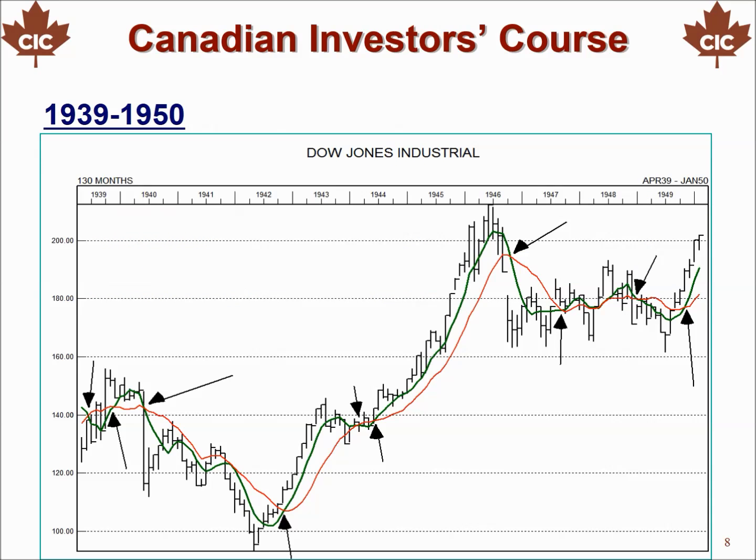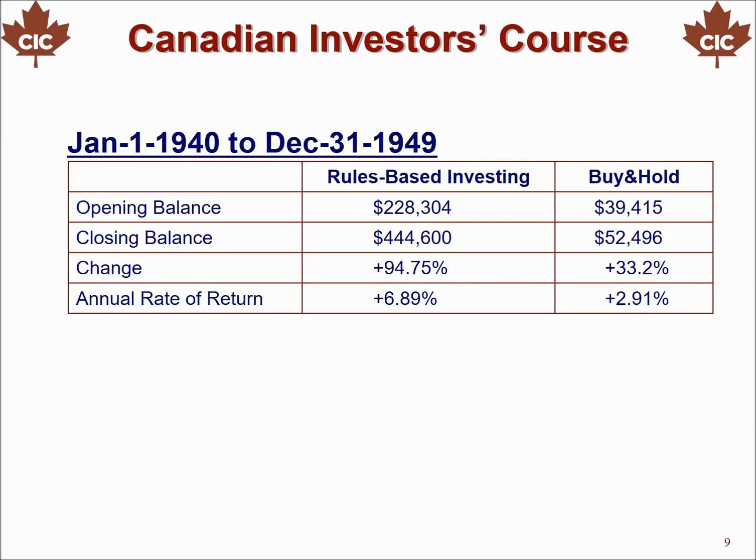Moving on. 39 to 45. Again, plenty of room to buy and sell. Volatile market. Starting with the $228,000 that we won in the first decade for rules-based investing, $39,000 for the buy and hold camp. The closing balance was $444,000 for the rules-based investing.